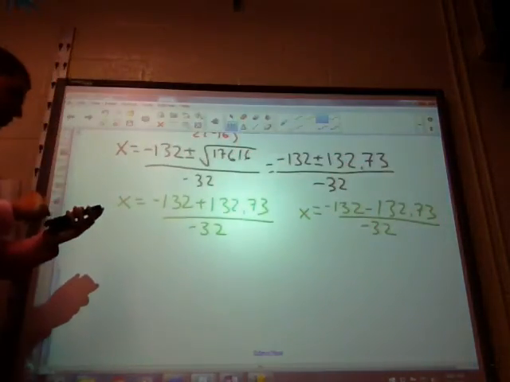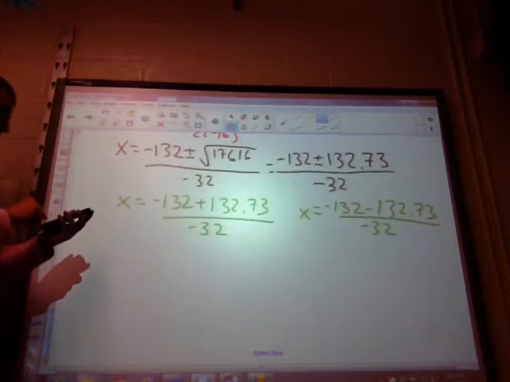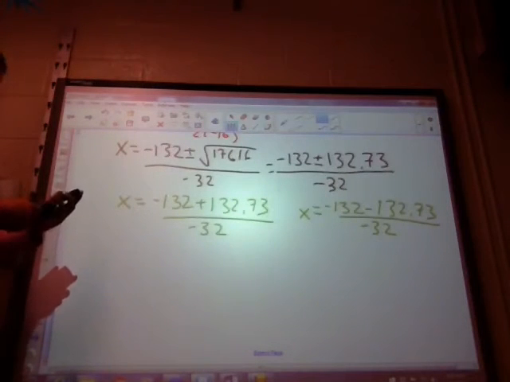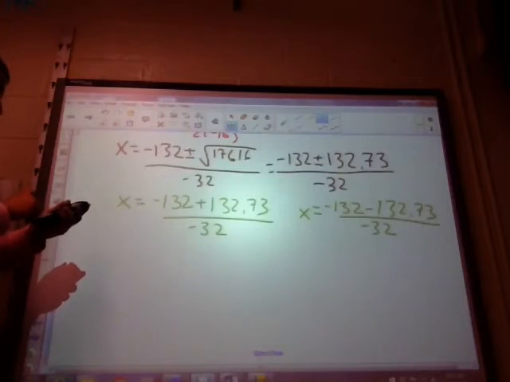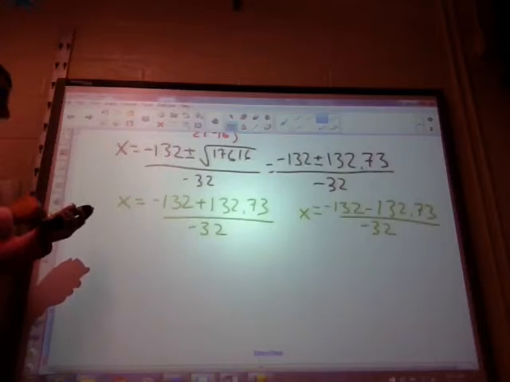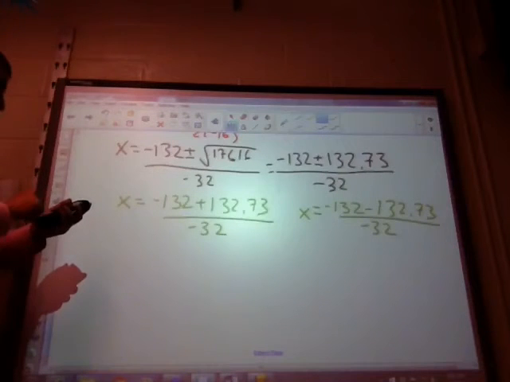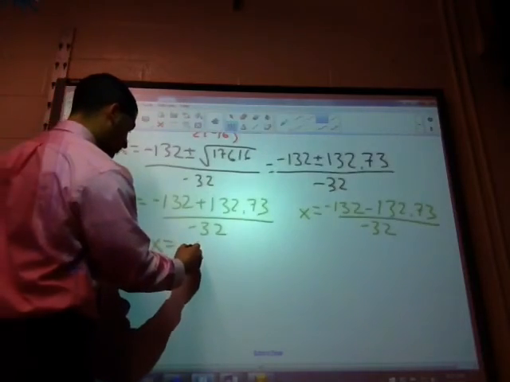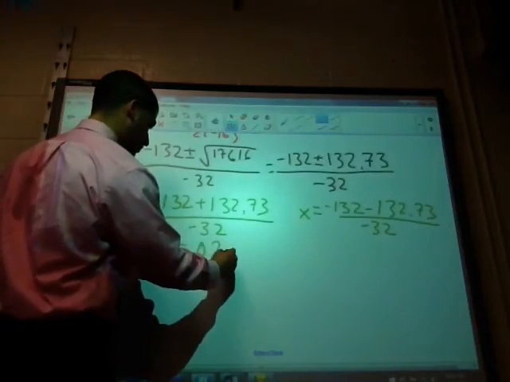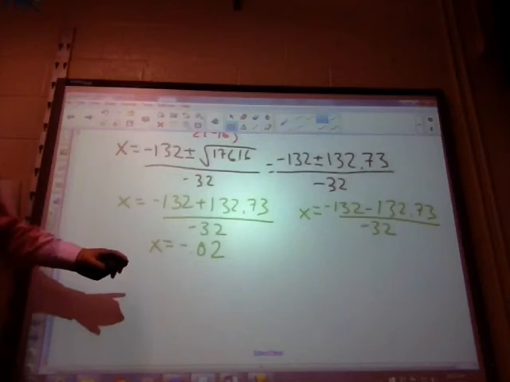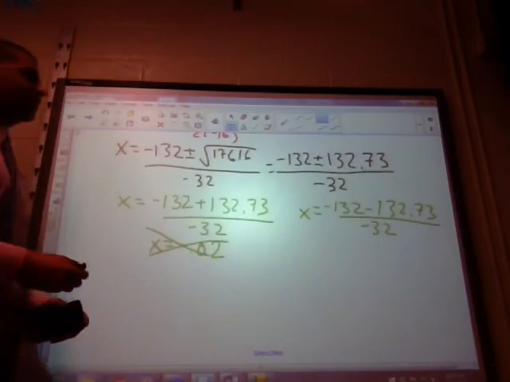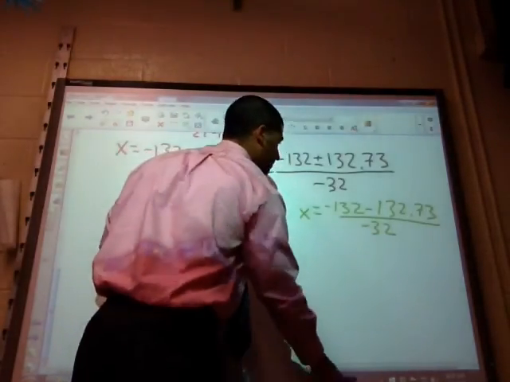So for the first one, we'll get negative 0.02. So right away we see a negative answer for time. We know that can't be our answer. No negative answers work for time. So the other one must be the answer that we're looking for.